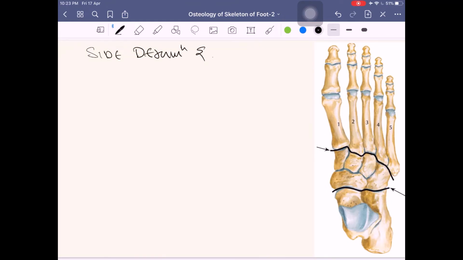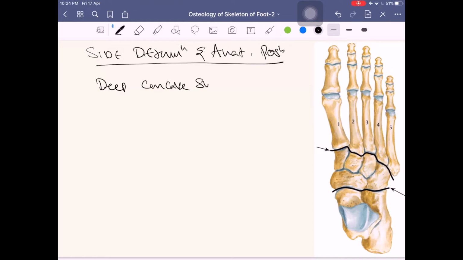So side determination and anatomical position. If you see this, how do we decide a side? You have to hold the bone in such a way that your deep concave surface, which you can call the talar surface, should face posteriorly. So this surface concavity should face posteriorly. This is one part. Then there is a projection we call the navicular tuberosity.